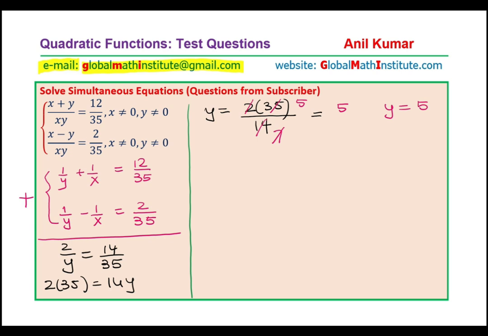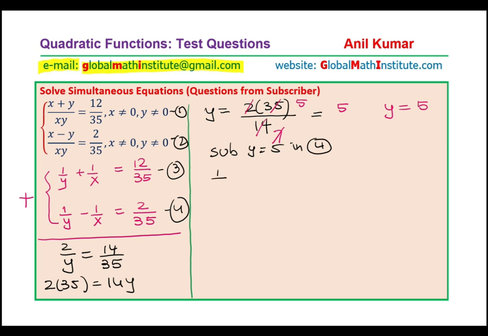Once you get y as 5, you can find x from any one of these equations, right? So labeling them helps, as I said. So let's rewrite. Okay, great. 3 and 4, right? So we'll sub y equals 5 in equation, let's say 4.